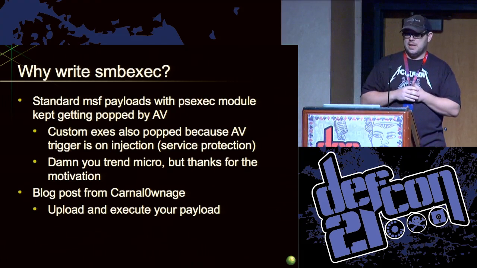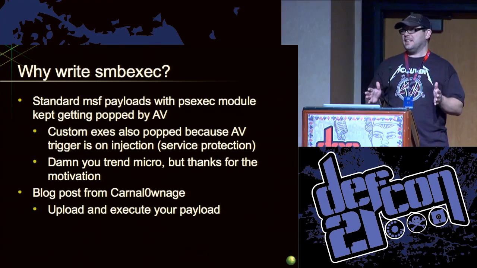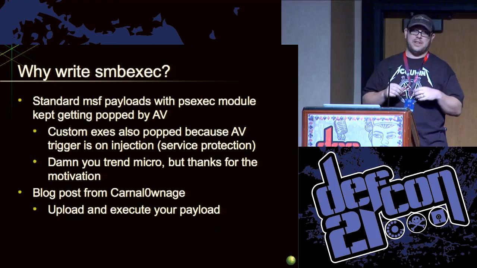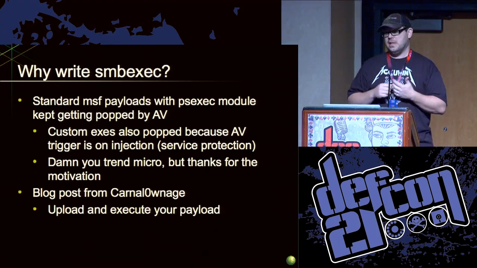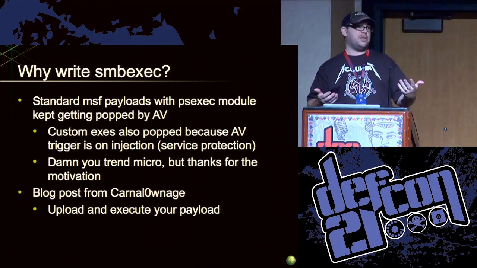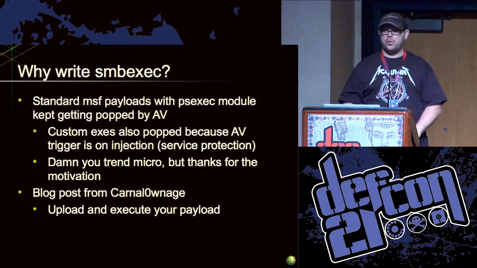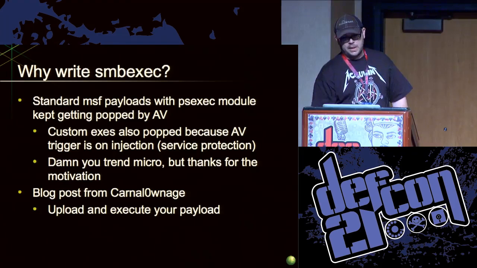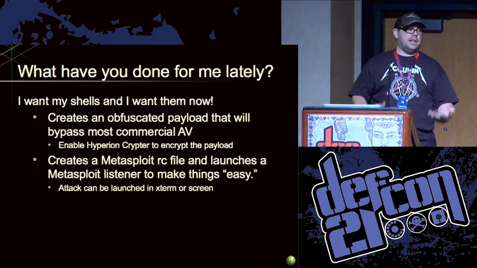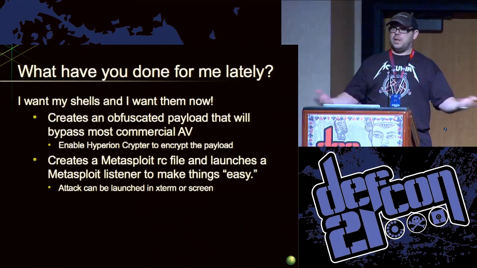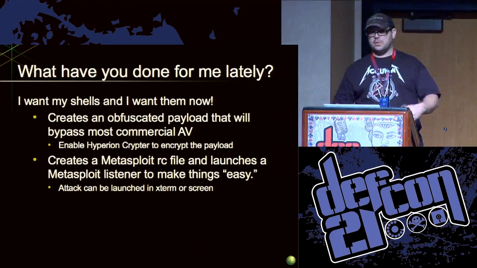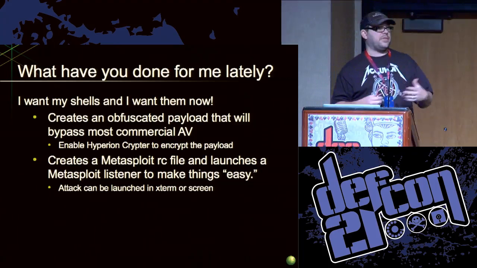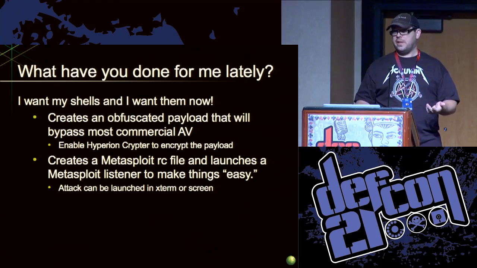We appreciate it. So after we ran into this a few times, Purehate actually found a blog post by Carnal0wnage that was basically upload and execute your payload, and that's kind of where the script was born from. So originally, we just wanted to get our shells. We wrote it so it would create an obfuscated payload that would bypass most AVs.